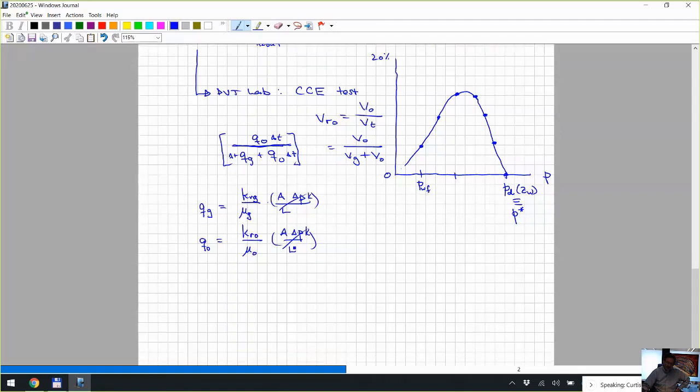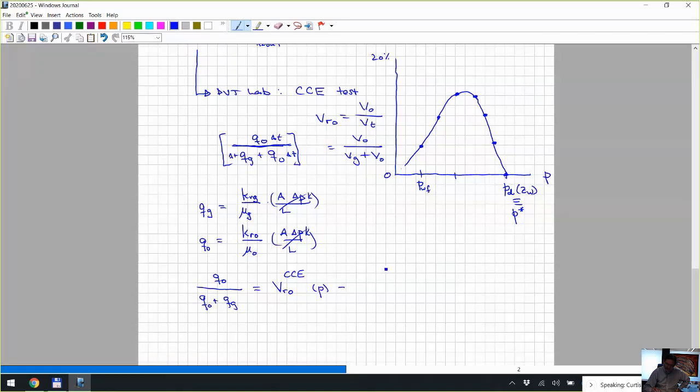And so what we end up with is that QO over QO plus QG is the same as the relative oil volume from the CCE test of the well stream mixture at a particular pressure.